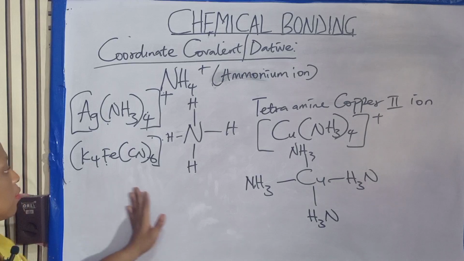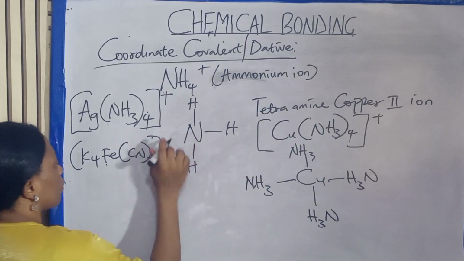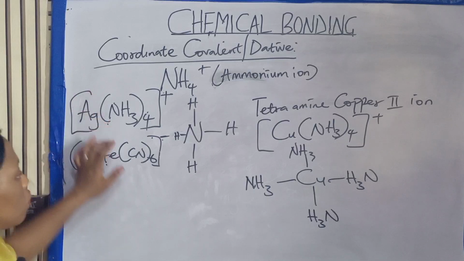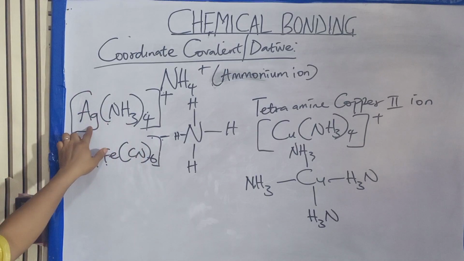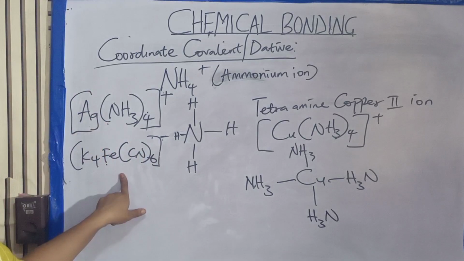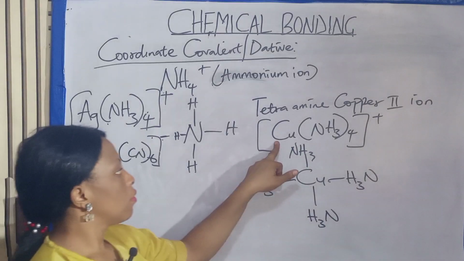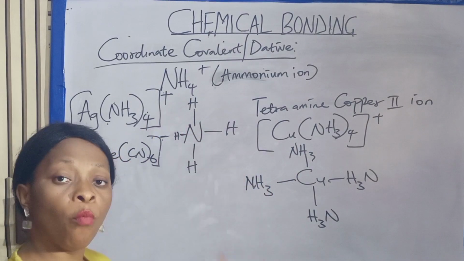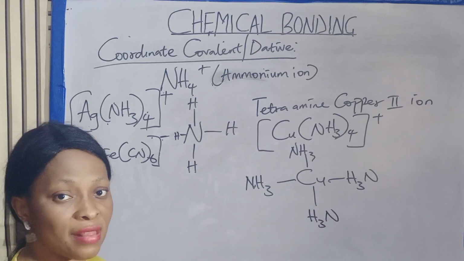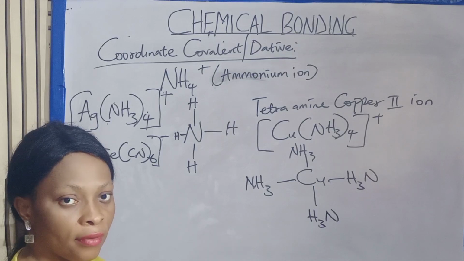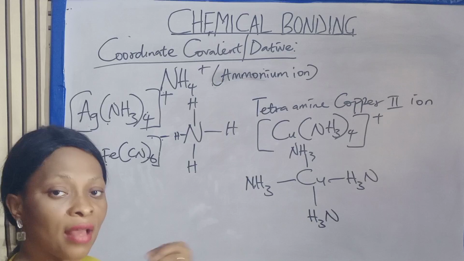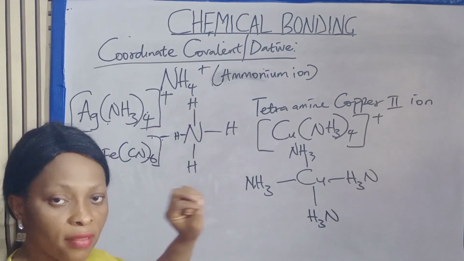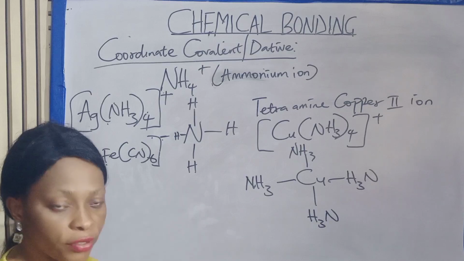This is also ionized, with a minus charge. So all these: tetraamminesilver(I) ion, potassium hexacyanoferrate, tetraamminecopper(II) ion, ammonium ion. Most coordinate covalent or dative compounds are usually ions. That is why they form complex ions. So they are coordinate covalent or dative bonding.